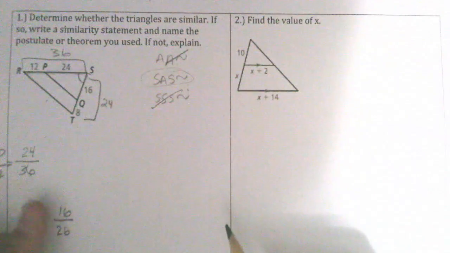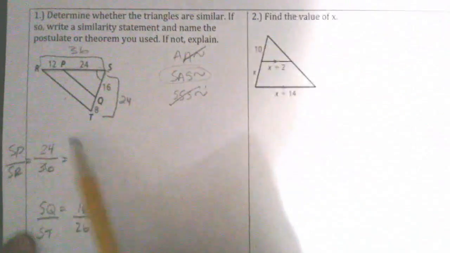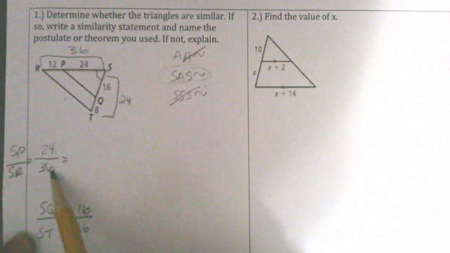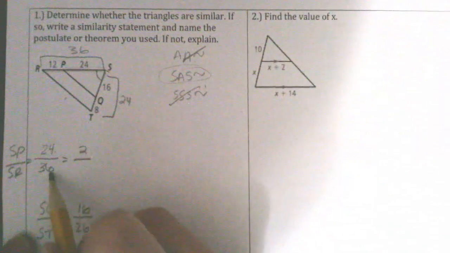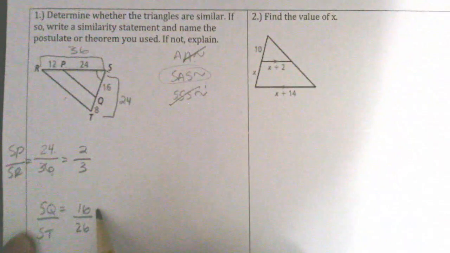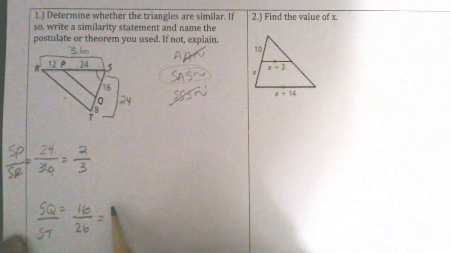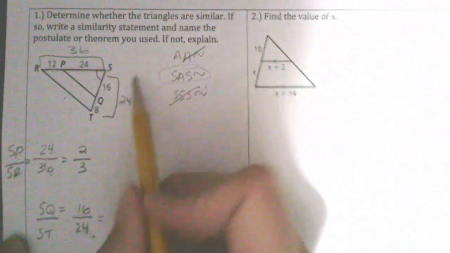Now we want to simplify these and see if they're the same. So we can divide 24 and 36 by 12. 24 divided by 12 is 2. 36 divided by 12 is 3. We can divide 16. Oh, I wrote 26 here. This is 24.